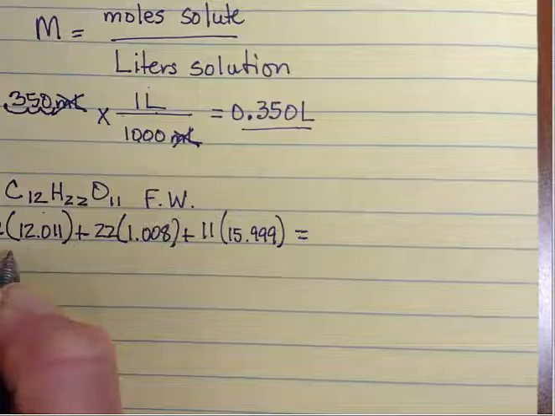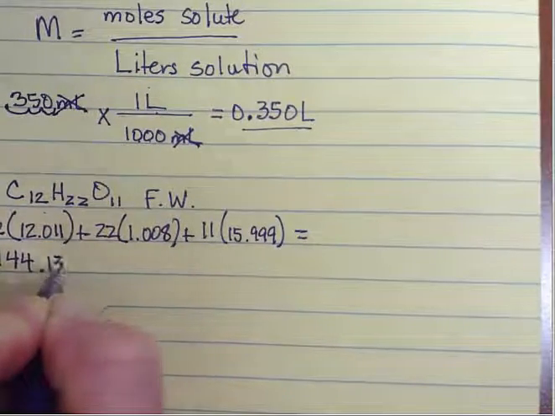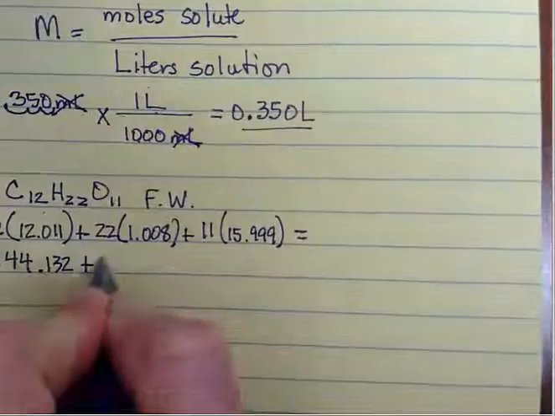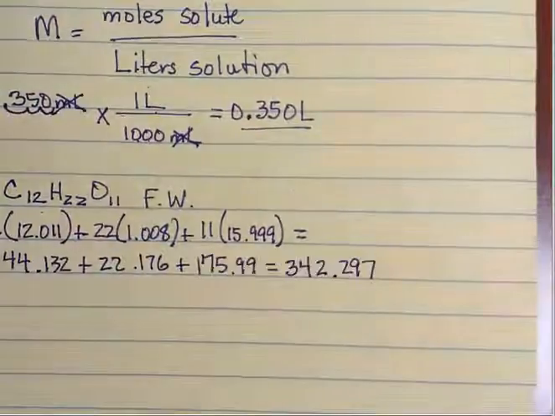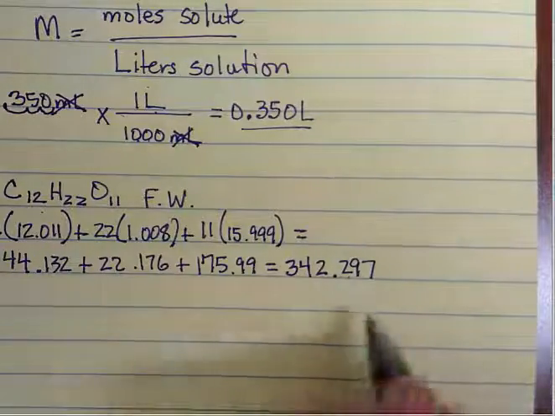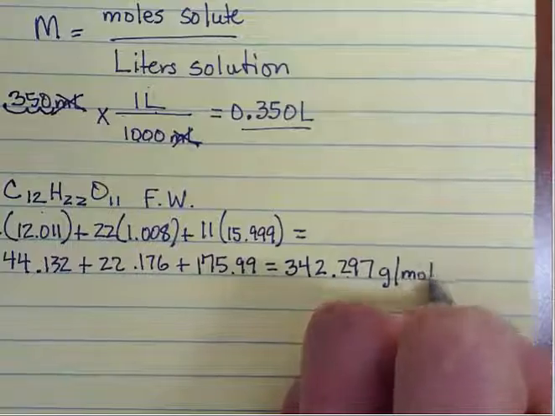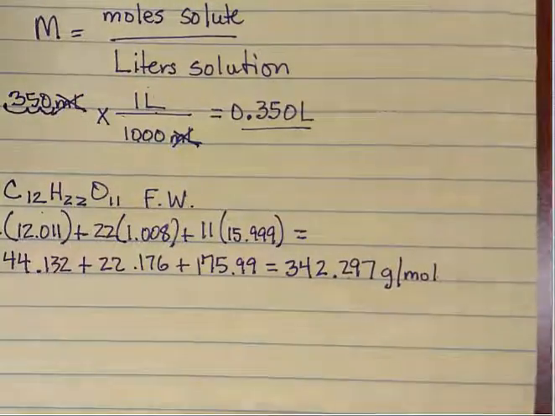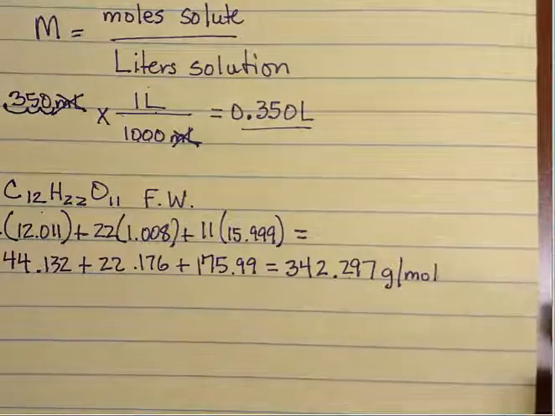So this component is 144.132 plus 22.176 plus 175.989, or 342.297 grams per mole. Right, so that's our molecular weight, or our formula weight, for the sucrose molecule.